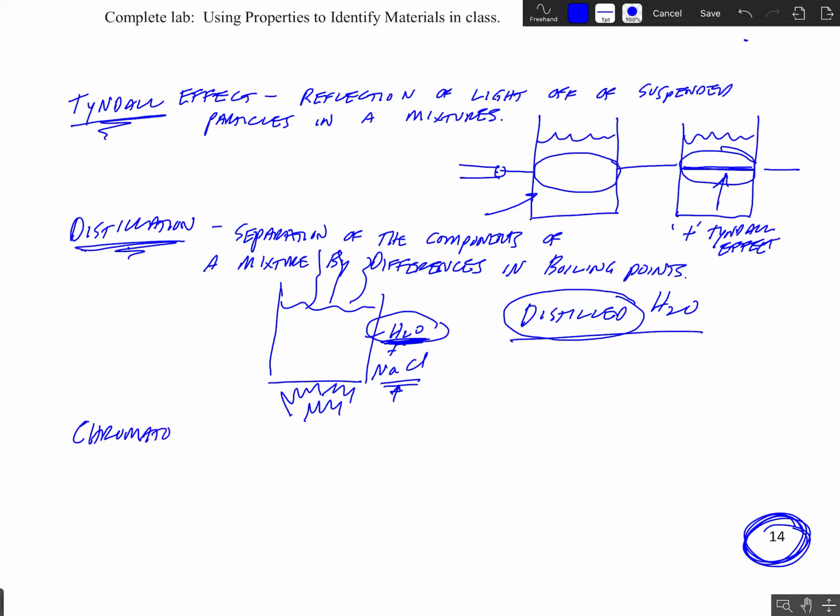The last term is something called chromatography. Now, there's a couple of different types of chromatography.